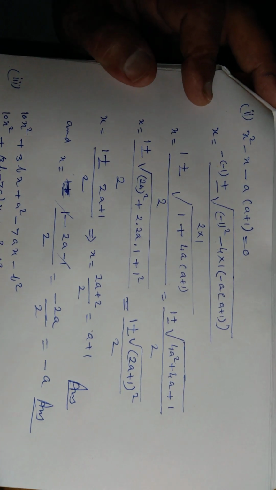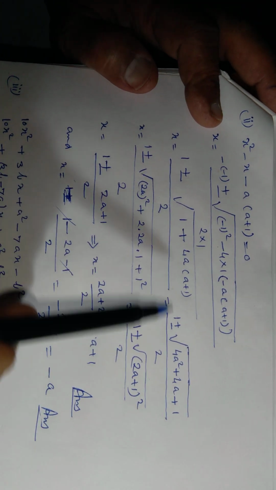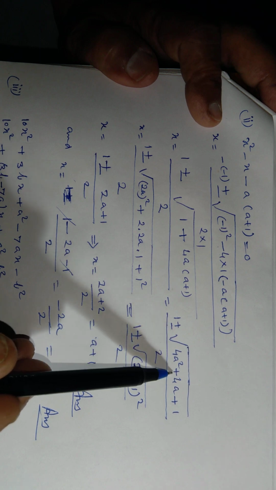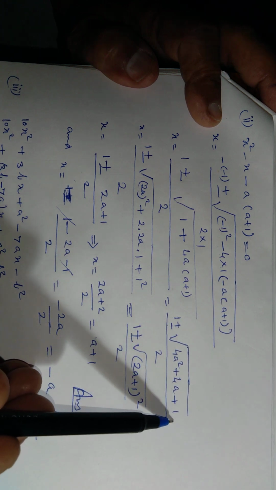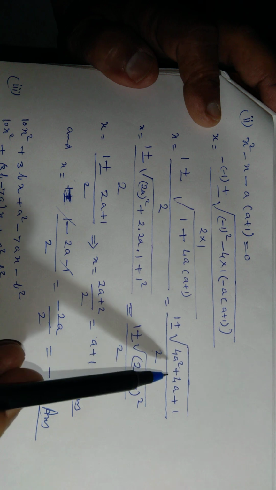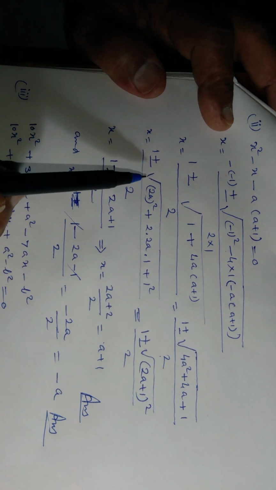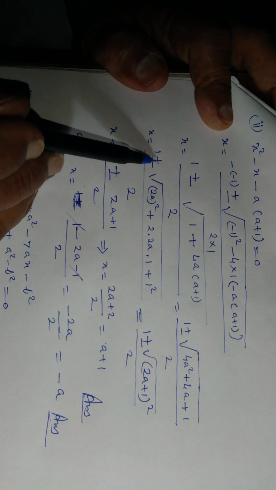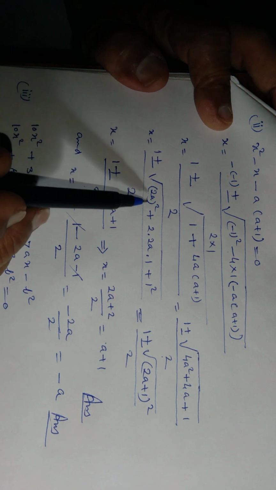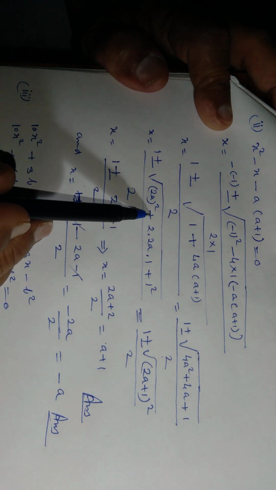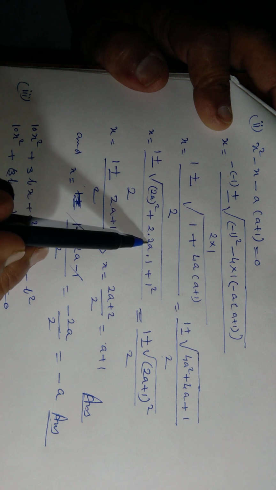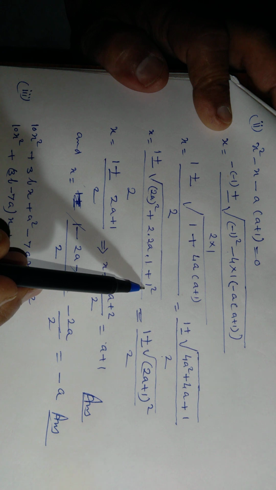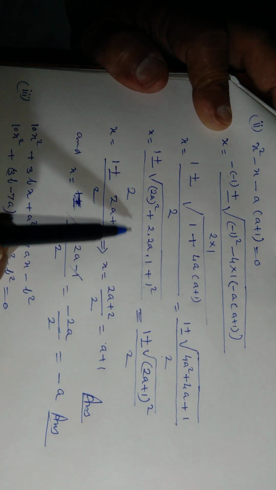Now after opening this bracket we will get 1 ± √(4a² + 4a + 1) by 2. This is the standard form of the formula (a + b)². X will be equal to 1 ± √((2a)² + 2 × 2a × 1 + 1²) divided by 2.